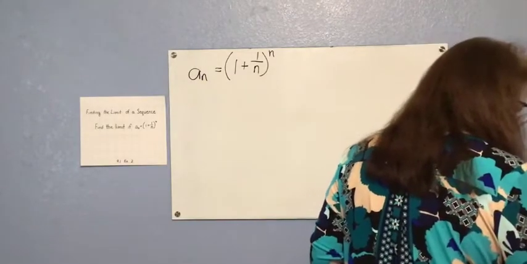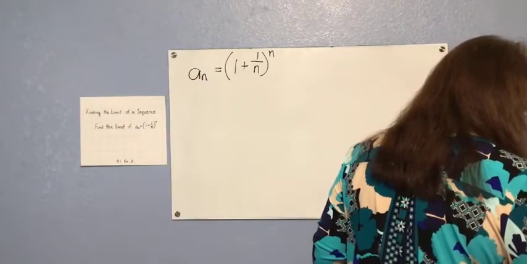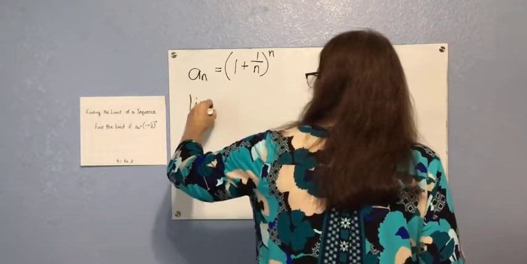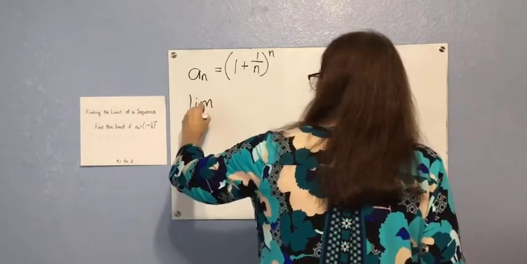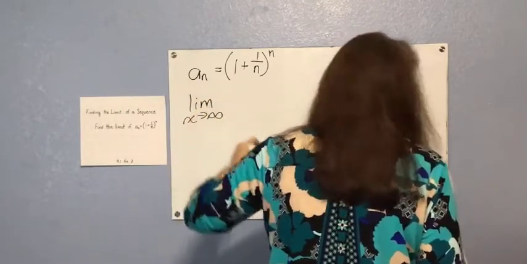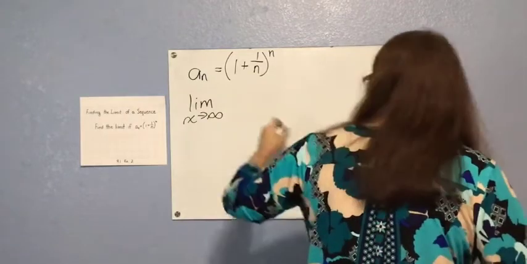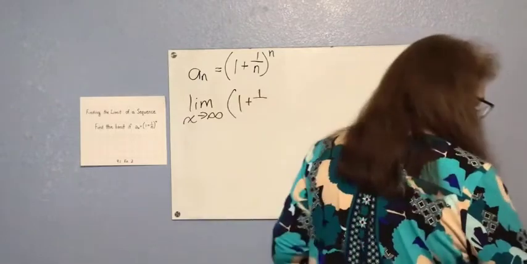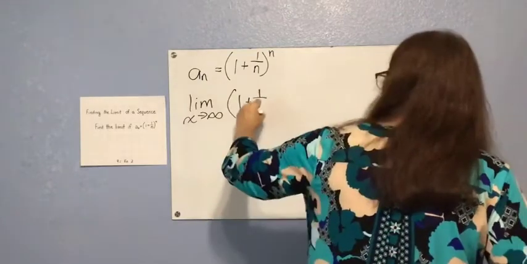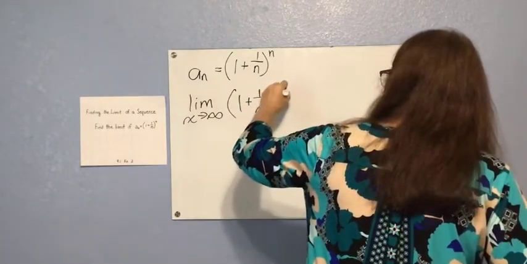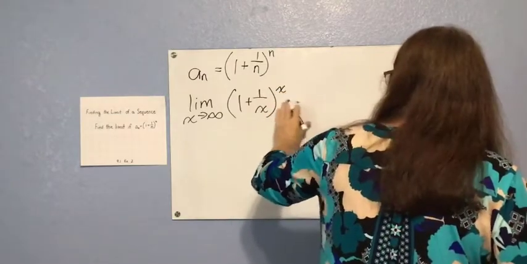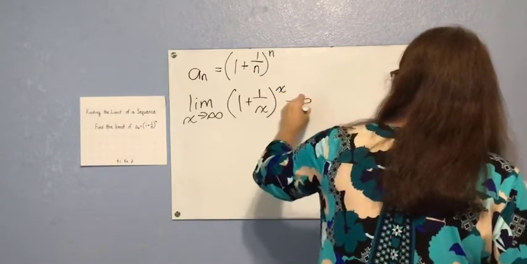Okay, back in chapter 5, you learned that the limit as x goes to infinity of this function 1 plus 1 over x to the x power was e.